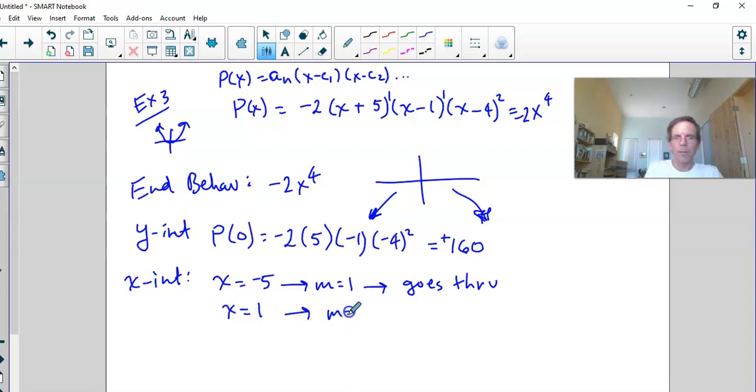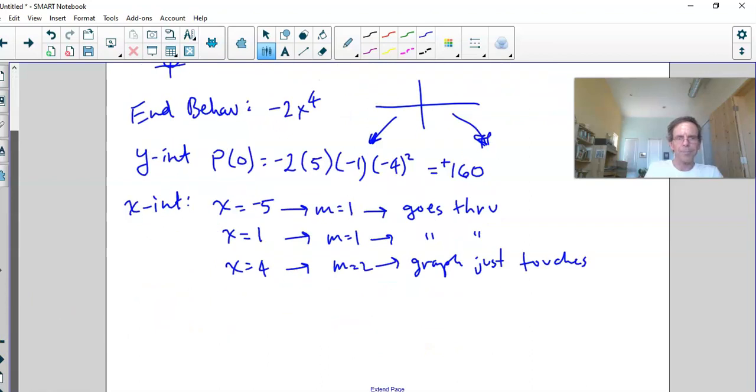That's also m equal 1, multiplicity 1. The graph goes through. And then x equal 4. There the multiplicity is 2. And that means that the graph just touches, right? Graph just touches the x-axis.